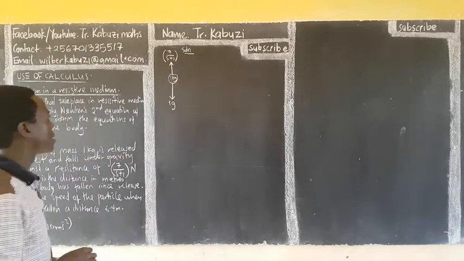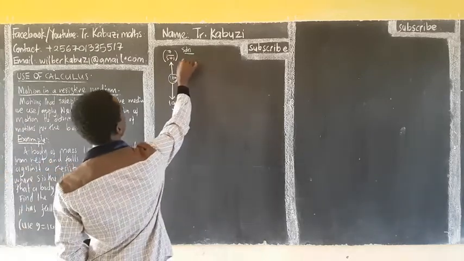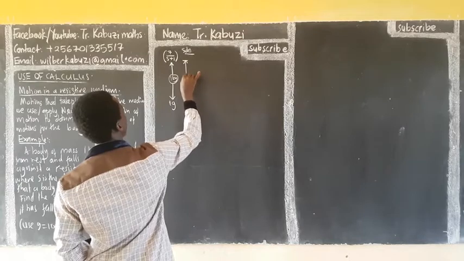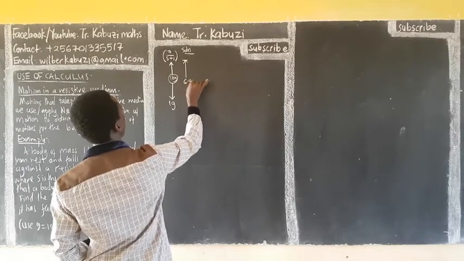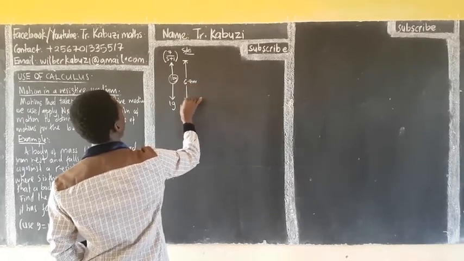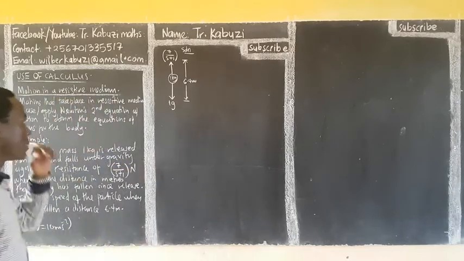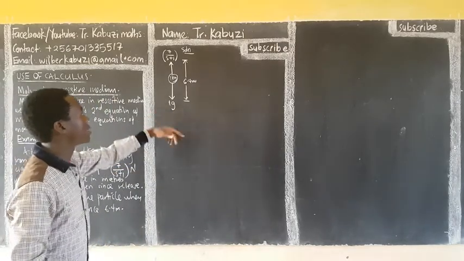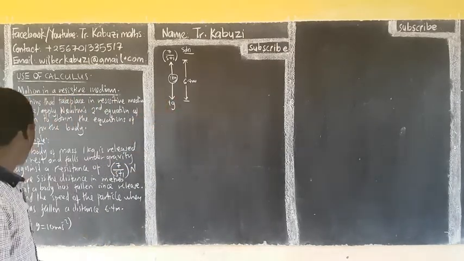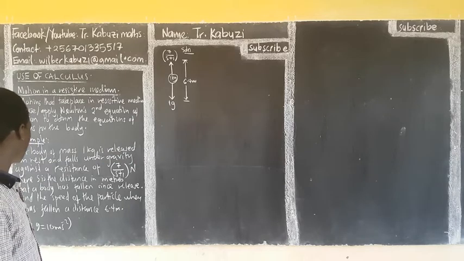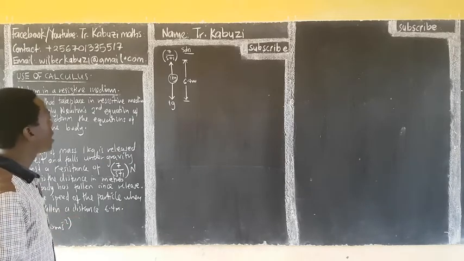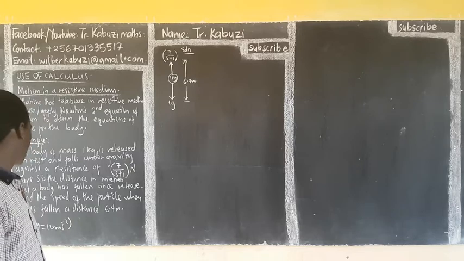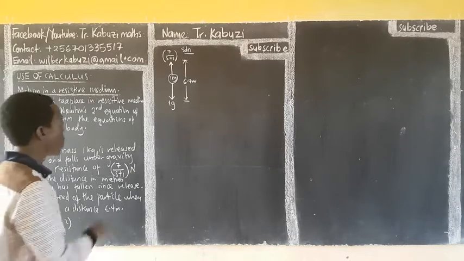So that's the resistance as it's falling. They're telling us the distance over which it falls is 6.4 meters. So they are telling us to find the speed of the particle when it has fallen a distance of 6.4 meters.